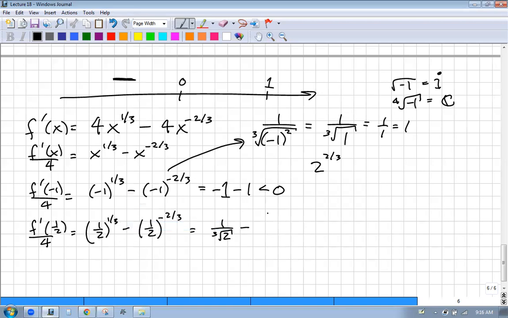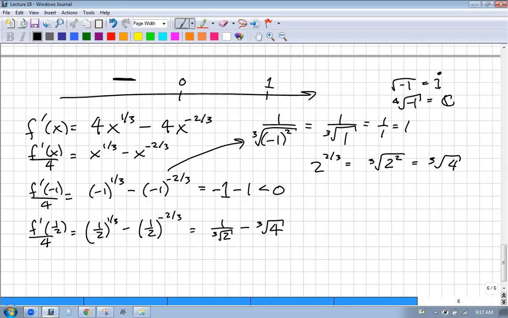So follow that step. Got rid of the negative exponent and flipped this guy over. What is this? This is the cube root of 2 squared, or the cube root of 4.